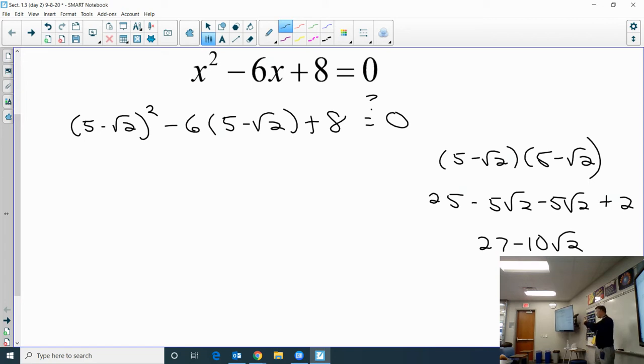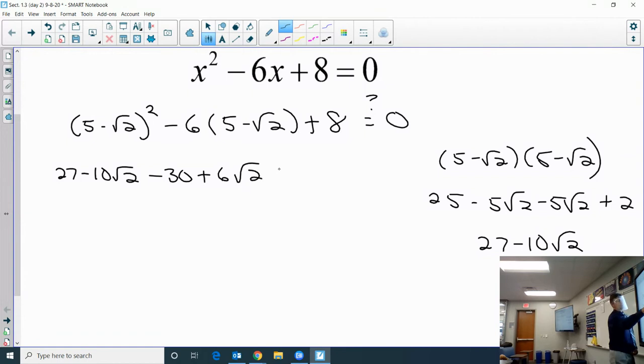All right, so a lot going on there. So now that is just that squared. So now I got 27 minus 10 square root of 2. Distribute, negative 6 times 5 is minus 30. Negative 6 times negative square root of 2 is plus 6 square root of 2, plus 8 equals 0. All right, combine like terms.